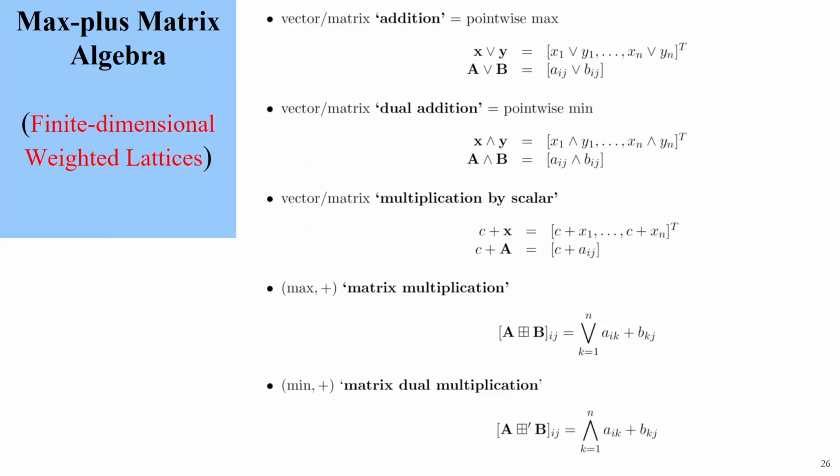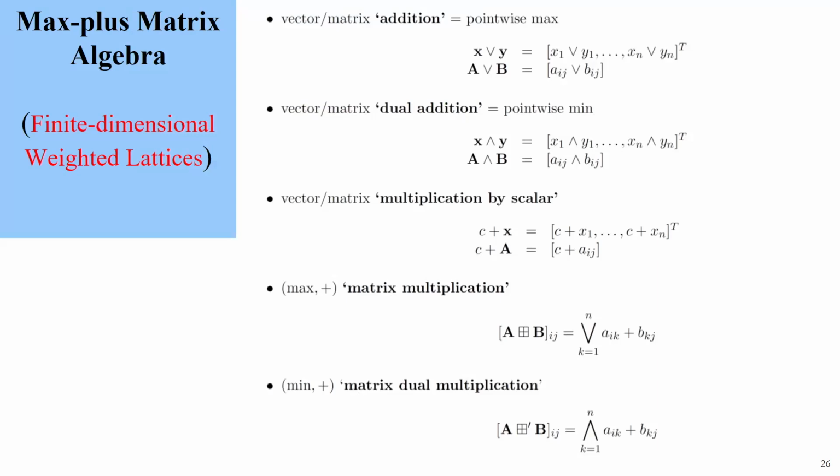Now, I will be using some notation. That's why I'm essentially summarizing the slides. We'll be using this notation for pointwise max between vectors. Vectors will be in lowercase boldface. Matrices will be in capital boldface.